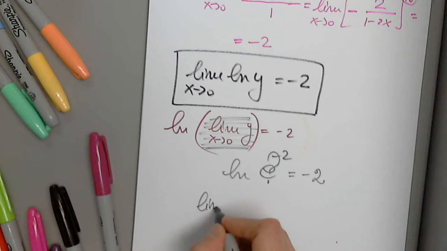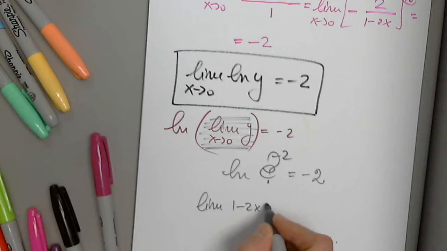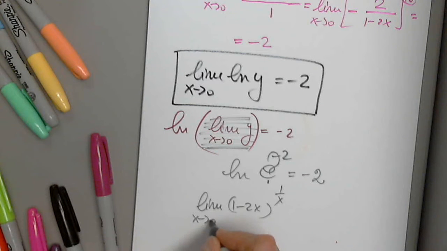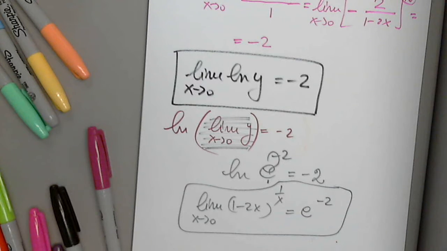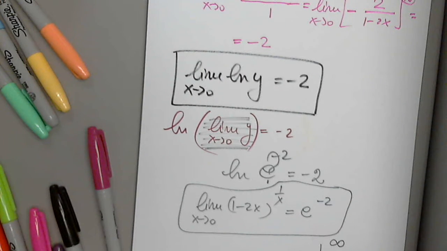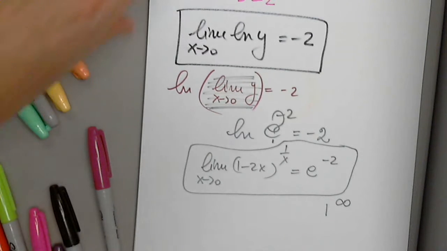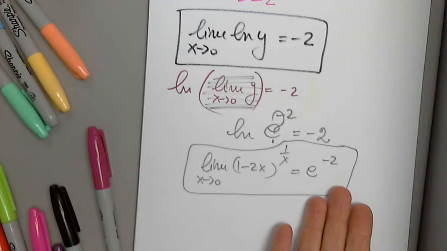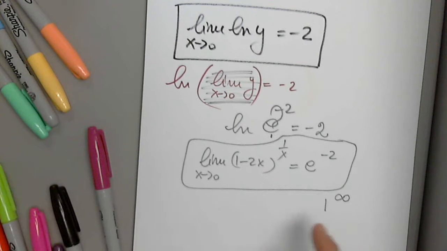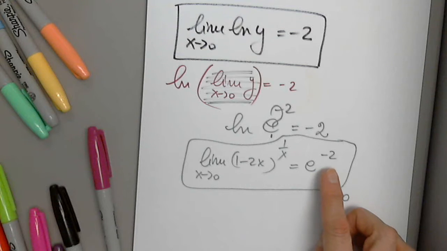So then the limit of (1 minus 2x) to the 1 over x when x approaches 0 is e to the negative 2. You didn't expect that 1 to infinity would end up being e to the negative 2. Honestly, you did not. Even if you say you did, I would not believe it. No one would have guessed that this indeterminate case gives us a result of e to the negative 2. Do we understand why this is e to the negative 2?